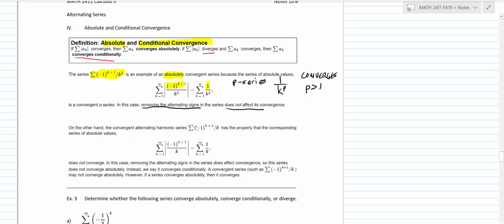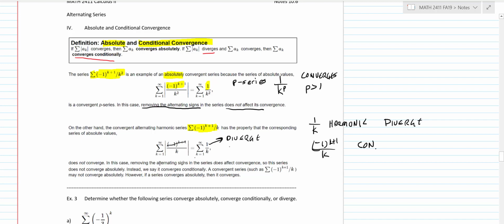The other possibility would be this one, and you may recall a couple of things we learned. 1 over k is a harmonic series, and this harmonic series is known to diverge. However, the alternating harmonic series converges. So if we took the absolute value of this series, that again would take away the alternating signs, leaving you a harmonic series. Therefore, we know that would diverge.